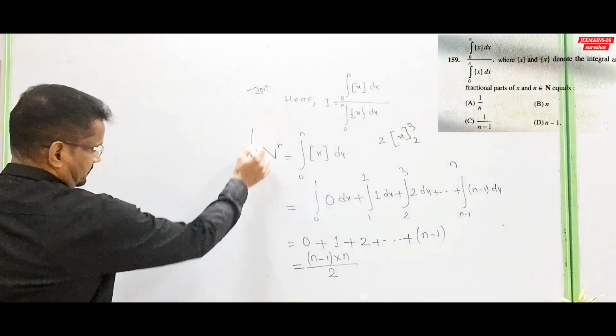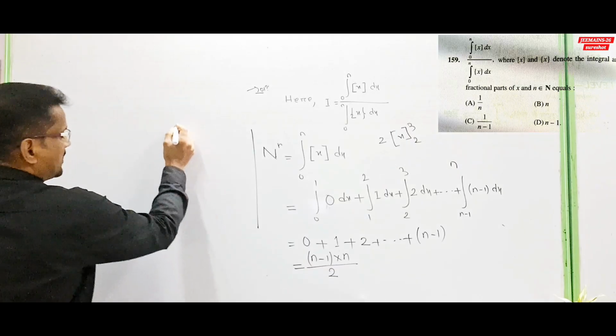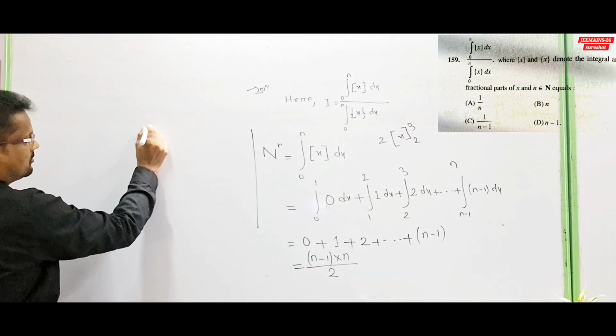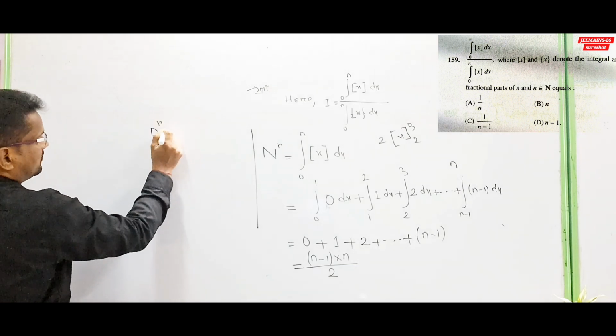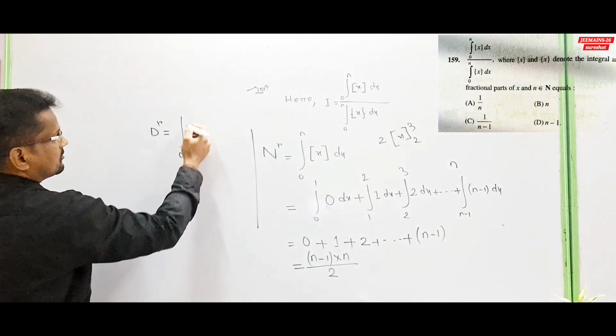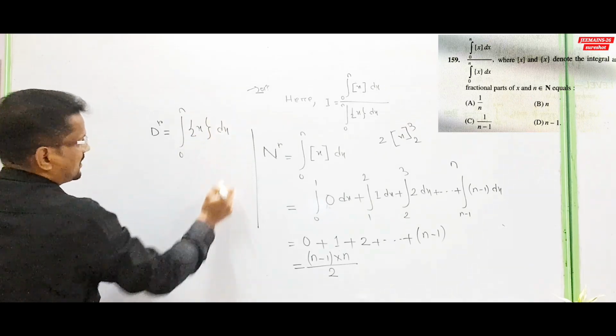Next, the important part is the denominator. The denominator is given as the integration from 0 to n of the fractional part of x, dx.